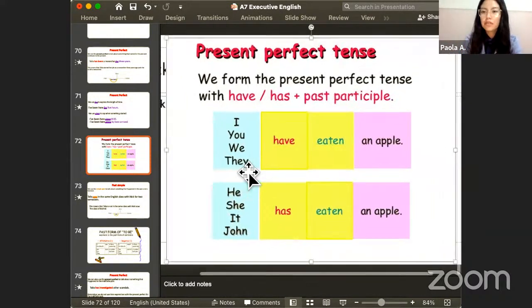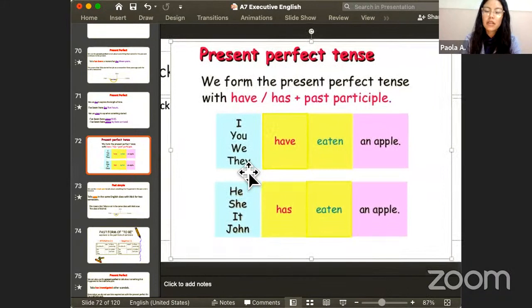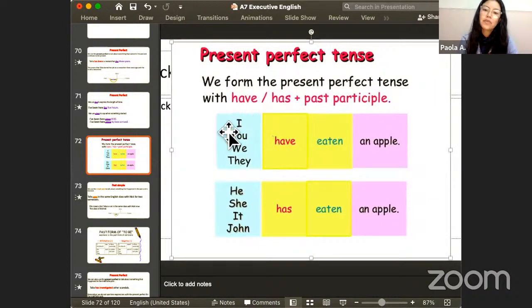The only thing that you have to remember for this tense is that when we have these subjects, I, you, we, and they, we use have, and then the past participle of the verb, any action, but in the past participle. And we practiced this many times before, no? However, for he, she, and it, John is an example of a he, no? We use has.